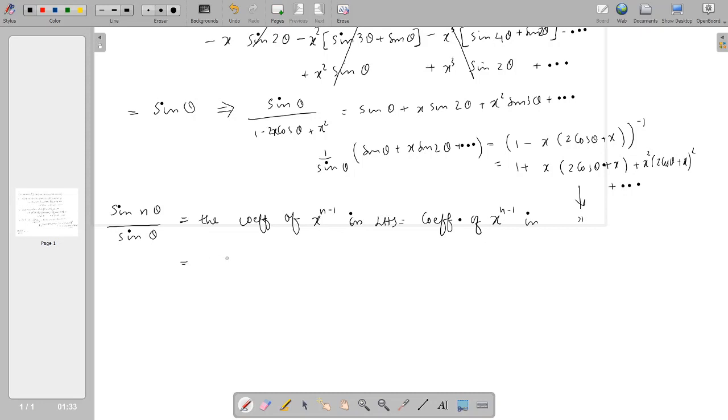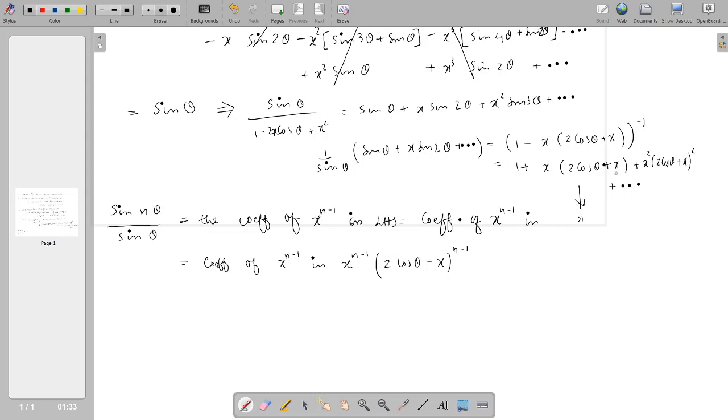So that will be the coefficient of x raised to n minus 1 in x raised to n minus 1 times 2 cos theta minus x raised to n minus 1.